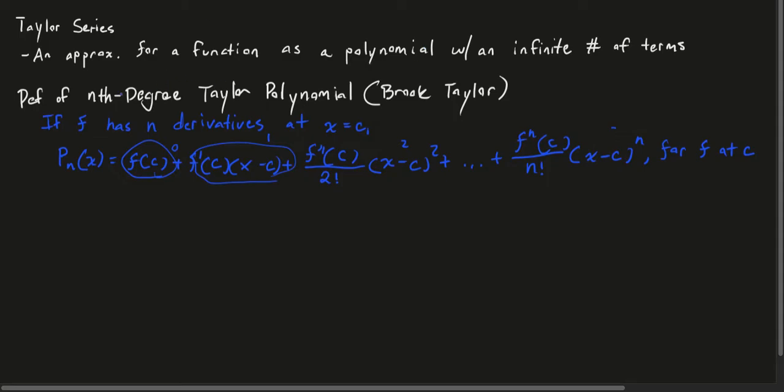Now, there is another term for a polynomial, and that is called the definition of nth degree Maclaurin polynomial.